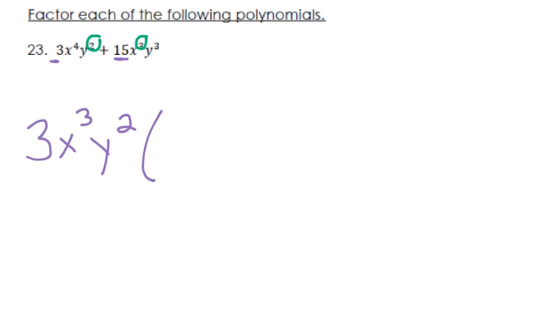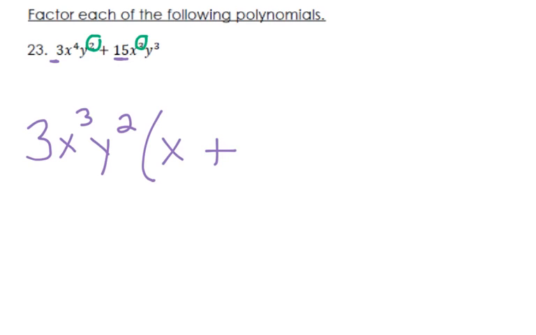So I took the 3 out already, so the 3 is gone. X to the 4th and x cubed, so I took out 3 of the x's, there's going to be 1 x left. And for the y squared, I took that out already, so it's gone. So the first term, all I have left is x.